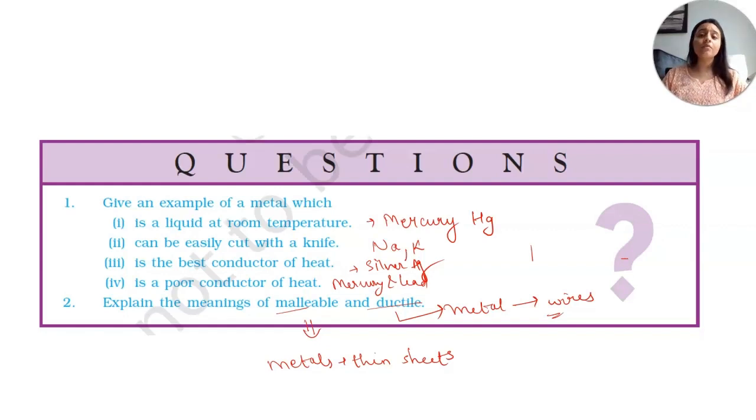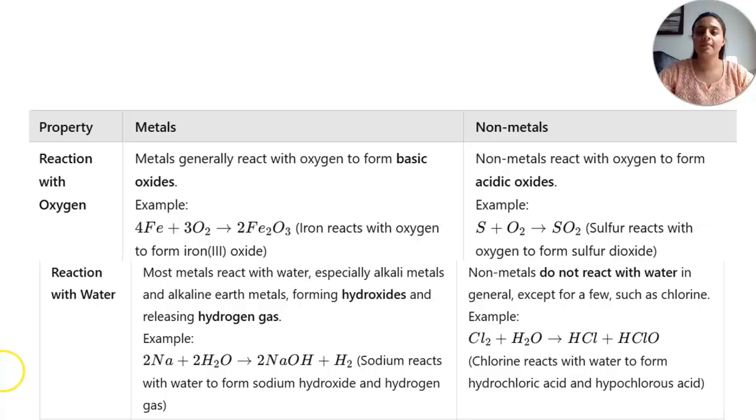On the other hand, we have compared these properties with the non-metals, that non-metals are not lustrous, they are not ductile, they are not malleable, they are poor conductors of electricity, and they have low melting and boiling points. We have already learned now about the physical properties of metals.